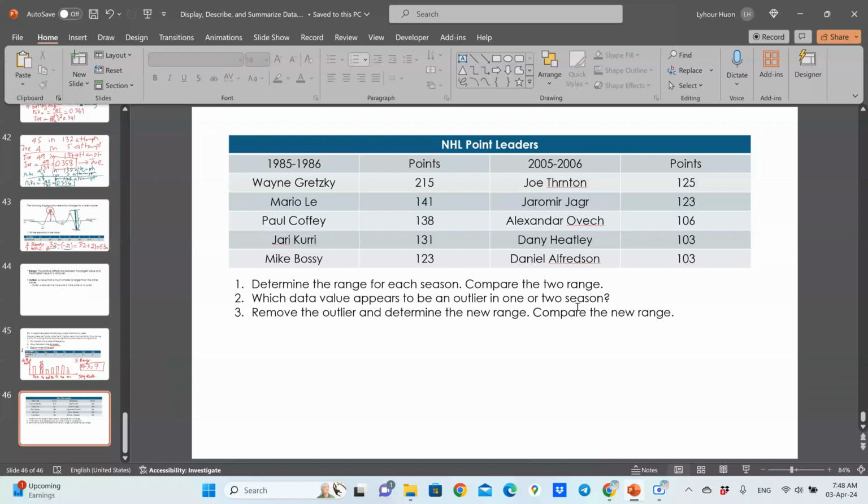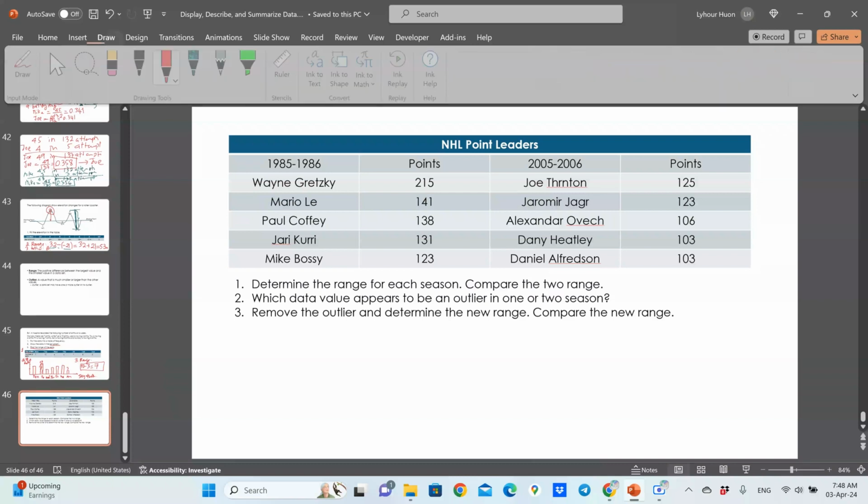Okay. So number one, we find the range for each season.